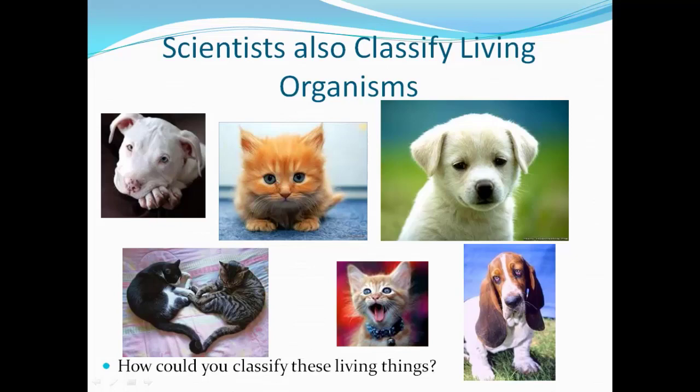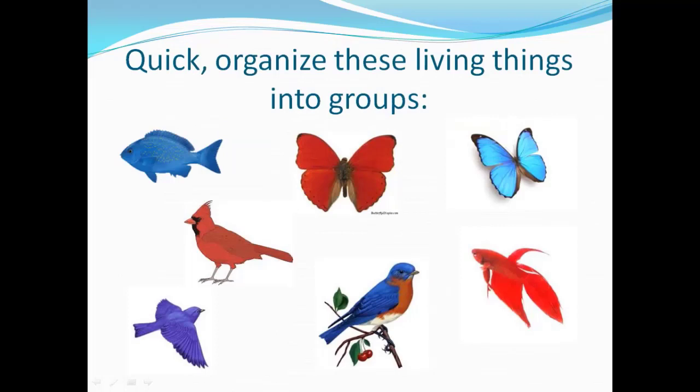You can look at the picture, and it is possible to classify them into different groups. These are different animals. Some are butterflies, some are birds, some are water-living animals. So we have to classify them accordingly.